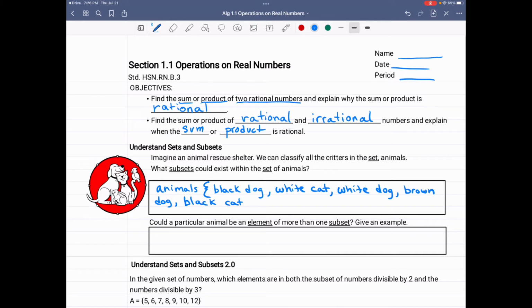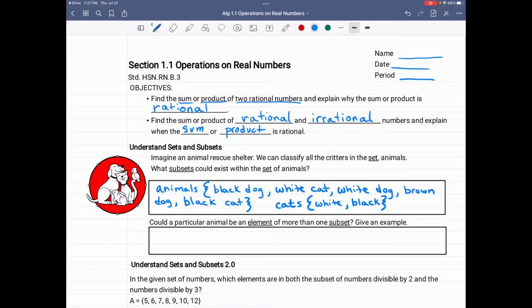but the question asks what subsets could exist within the set of animals. So we could say that there could be the subset cats. And within cats, what do we have? We have a white cat. We have a black cat. And then another subset could be dogs. And you could list all the different kinds of dogs that are at the shelter.